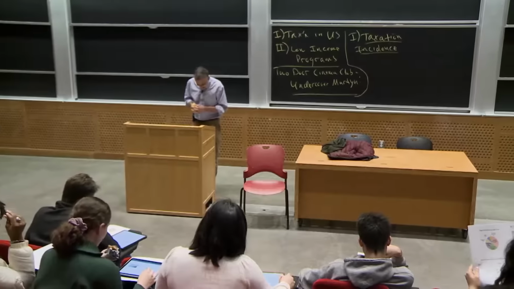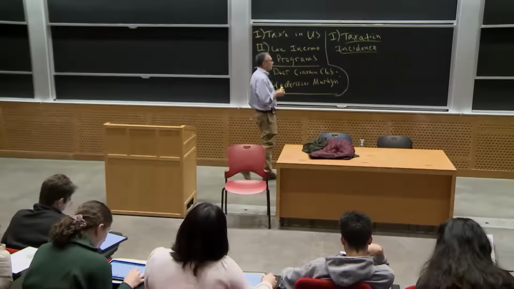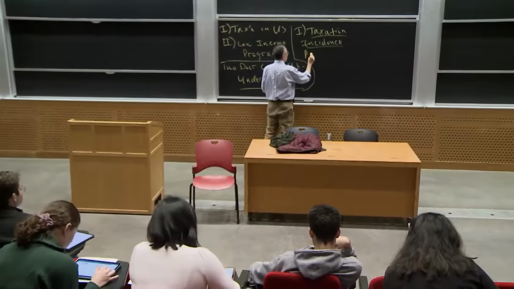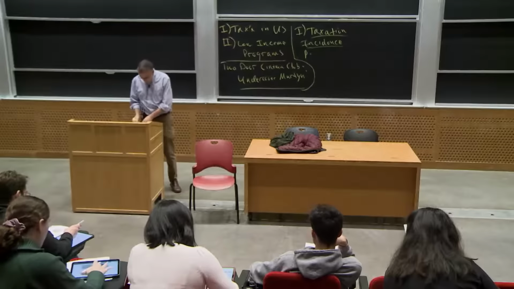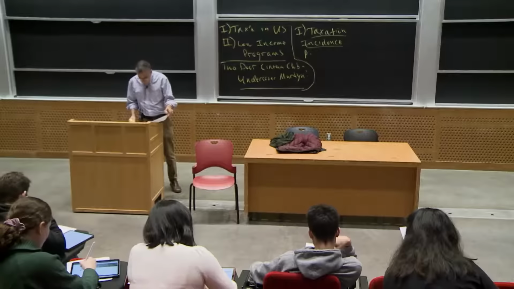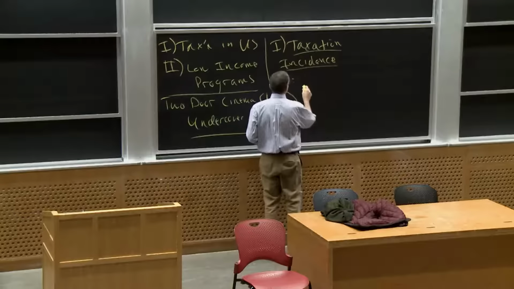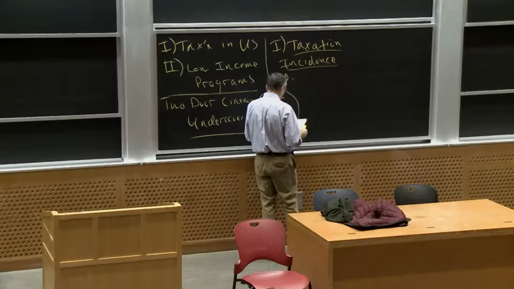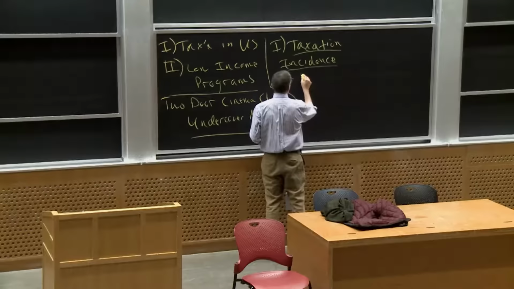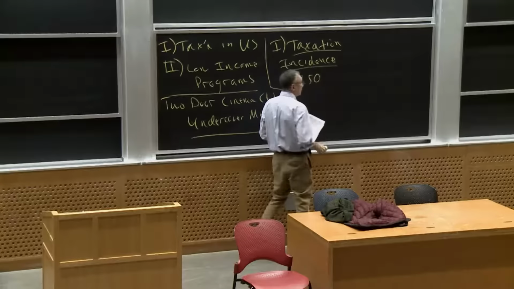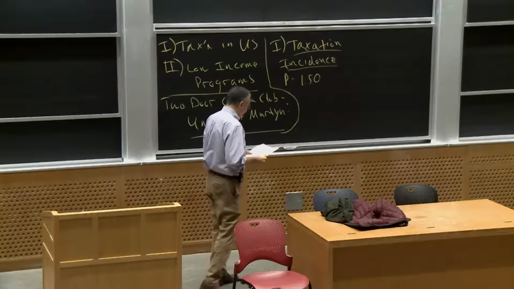Now, let's ask, what is the burden on producers? What is the producer burden from this tax? Well, let's just do some simple math. The producer used to get $1.50.